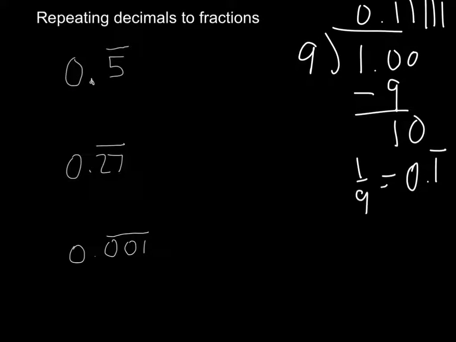Now let's see. The way we do this is, if you think about it, the first thing you would have done if it was just 0.5 is put the 5 over a 10.